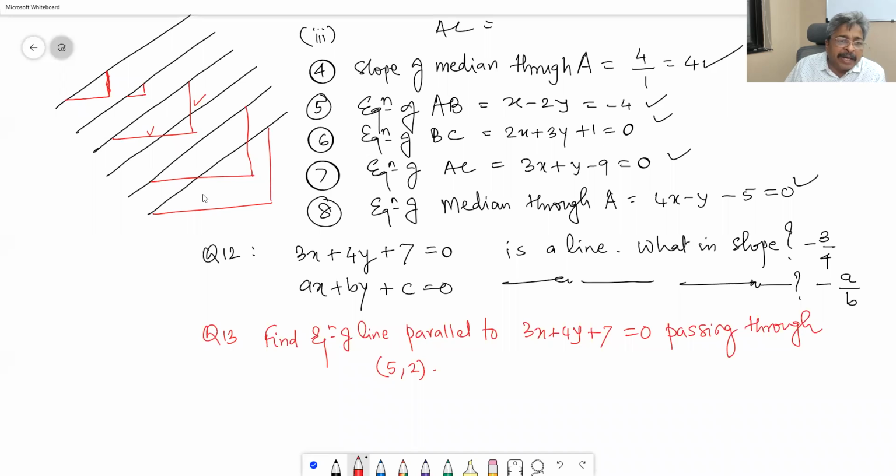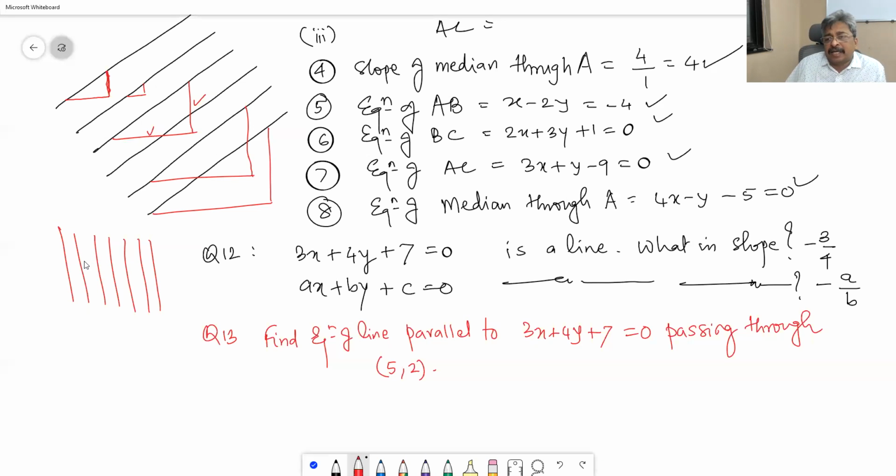If the lines are parallel, by similarity this ratio is going to be the same. Therefore, all parallel lines, if they have a slope, will be equal. If lines are parallel to the y-axis, then they don't have a slope, so we cannot say anything about their slope. But they are parallel geometrically.